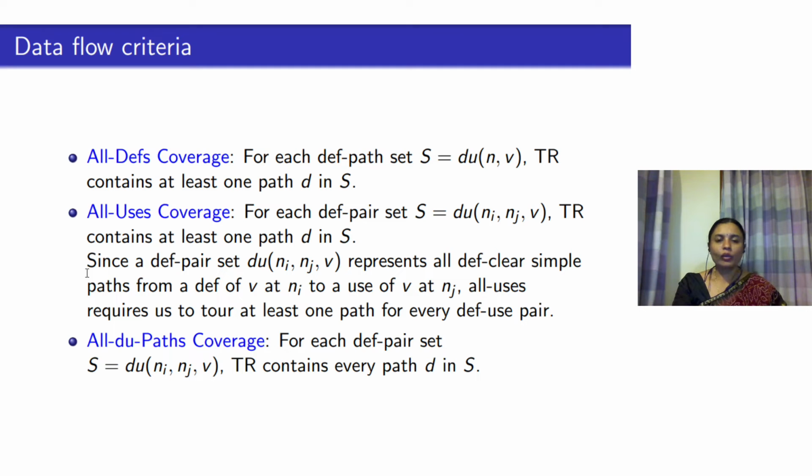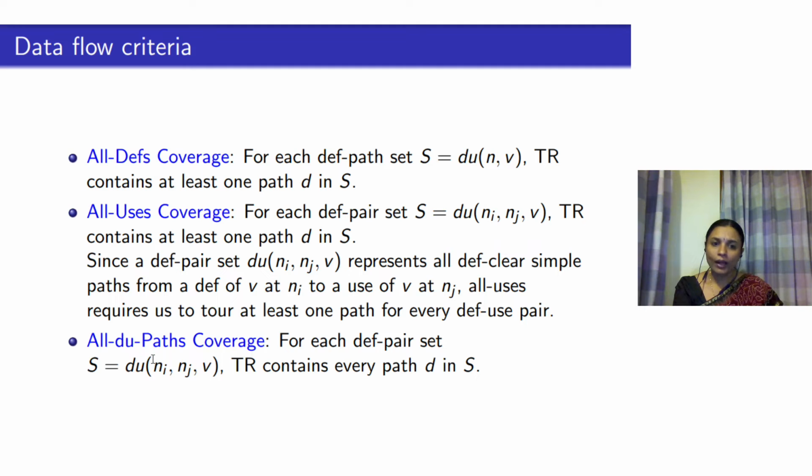The same data flow criteria I have defined formally in this slide. All definitions coverage says for each def path set du of the variable v at the statement n, TR contains at least one path d in S. All uses coverage says for each def pair set du(ni, nj, v), TR contains at least one path d in the set S, that is, at least one definition in ni to at least one use in nj.